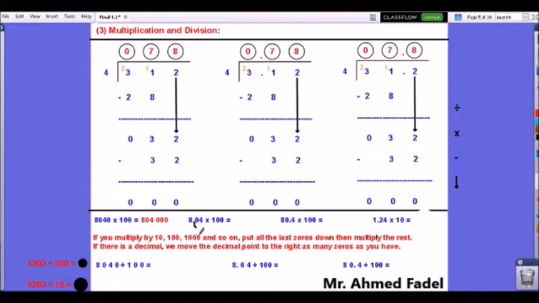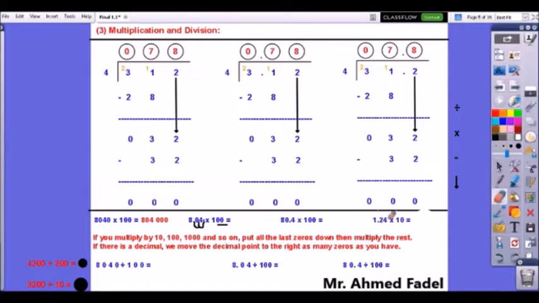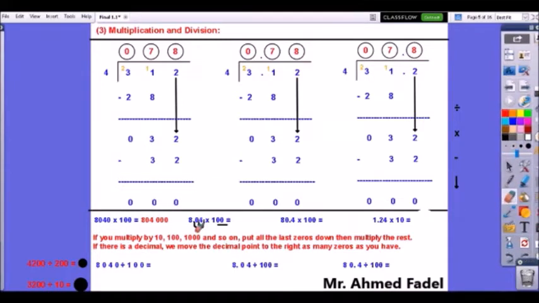It becomes actually after the 0, but I have 2 zeros in the 100. Then I need to move it 2 digits. So this is 1 digit after the 0. The second digit becomes after the 4. So it's 804.0. But actually 804.0 is the same as just 804.